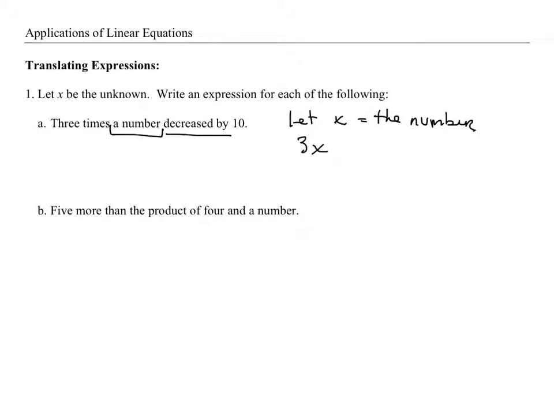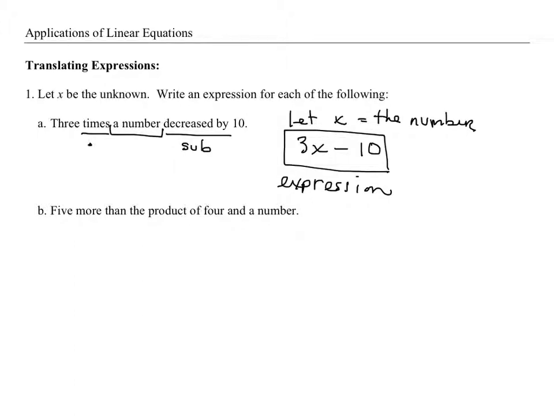Decreased by is subtraction. Times, of course, is multiplication, and we're decreasing it by 10. So this would be the expression, which is a lot shorter than writing it out in English, which is why I love math.